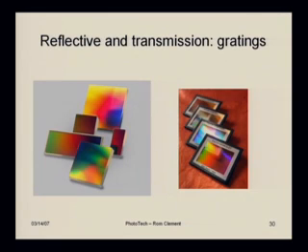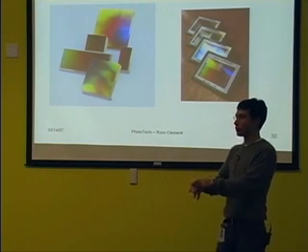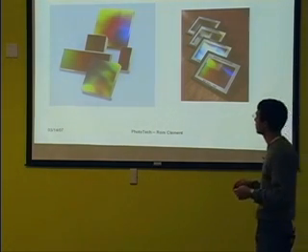So on the left, you have a reflective grating. I will explain on the next slide how they are made, but they're usually about this size. You can also find smaller ones, a couple of centimeters square.